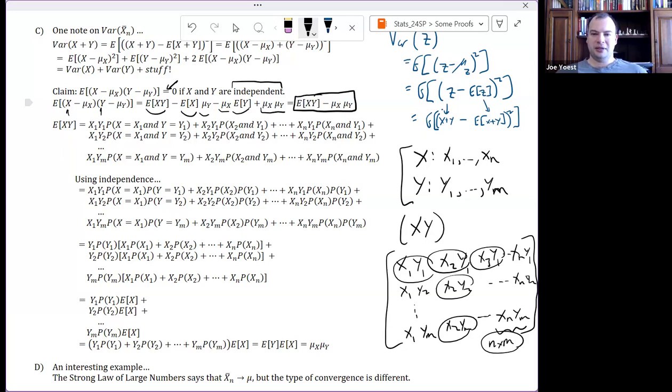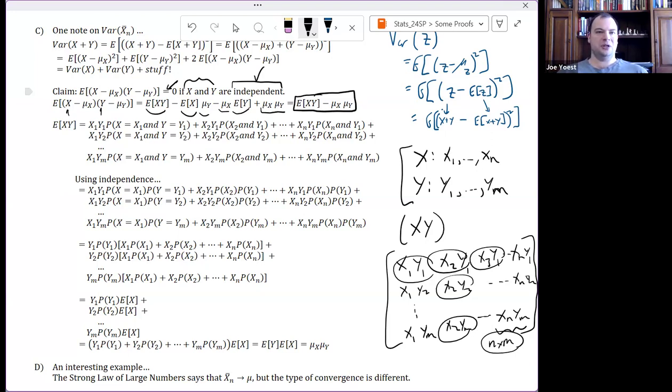I can use my big assumption of independence, because now I have a probability of A and B, one event and another event both occurring. And remember, x and y are independent. So if I know that x equals x1, that doesn't tell me anything about the likelihood that y equals y1 or y equals y3 or anything else.